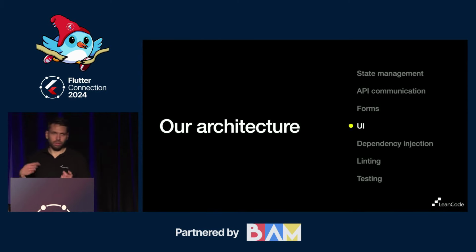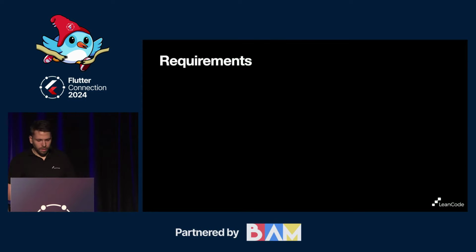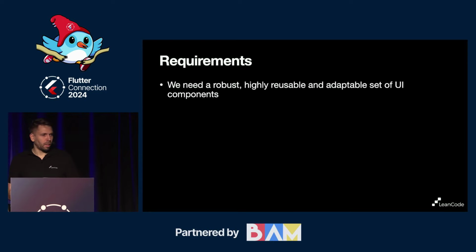UI is a bit tricky because on one hand, you kind of develop the same thing over and over again. In every app, you have some button, you have some text field. But on the other hand, every app looks different. Designers, and we, don't want all of our apps to look the same. But still, we wanted to somehow gather our expertise in UI development into something that can be shared across developers.